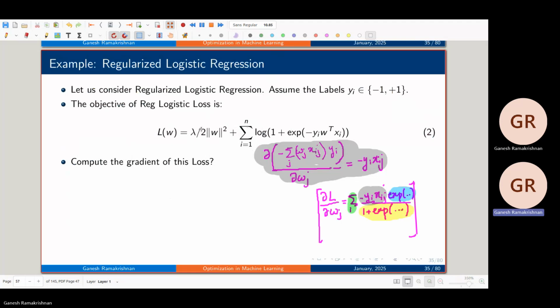There's a partial derivative of the summation, which is minus sum over j of wj xij, the whole thing times yi, for the ith instance. This is very easy: minus xi yi.